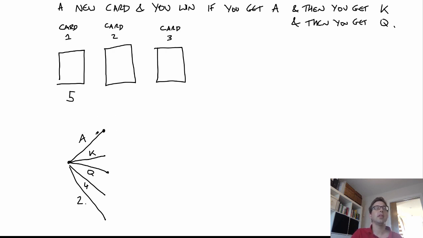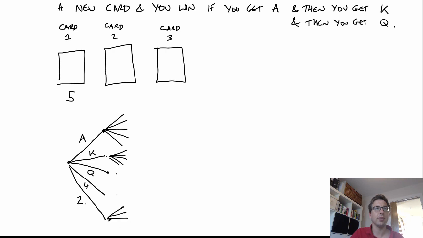Well, the fact I got an ace in the first card doesn't affect anything to do with what happens with the second card. So once again, the number of things that can happen after having an ace is 1, 2, 3, 4, 5: ace, king, queen, 4, and 2. Similarly here, there's 5 again. I'm going to be bad at drawing, so I'm going to skip these ones and get to the last one.